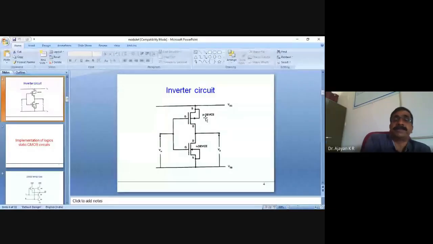Actually, this is a normal inverter circuit or static CMOS inverter circuit where the PMOS and NMOS devices are driven by the input. The PMOS is called the pull-up device and NMOS is called the pull-down device.